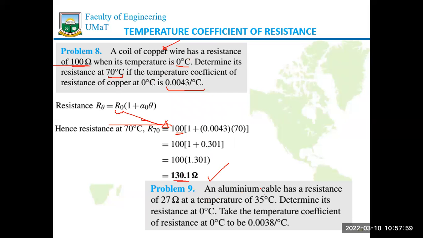There's a calculation here. Here we are looking at the reverse form. So we are told to look for R naught. It says determine the resistance at 0 degrees. So we are looking at R0.